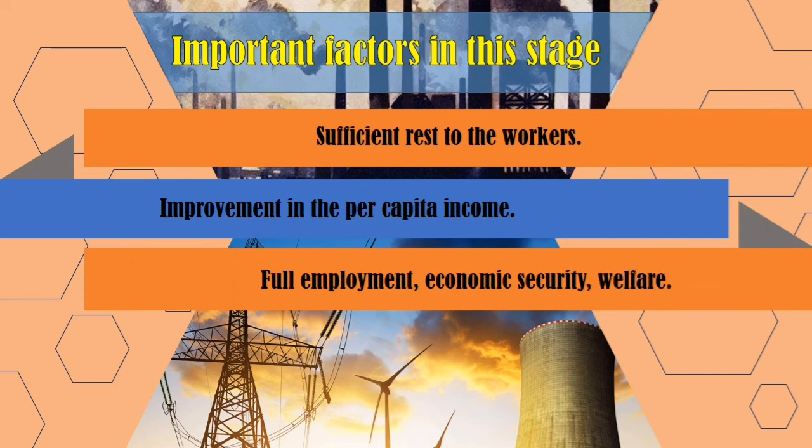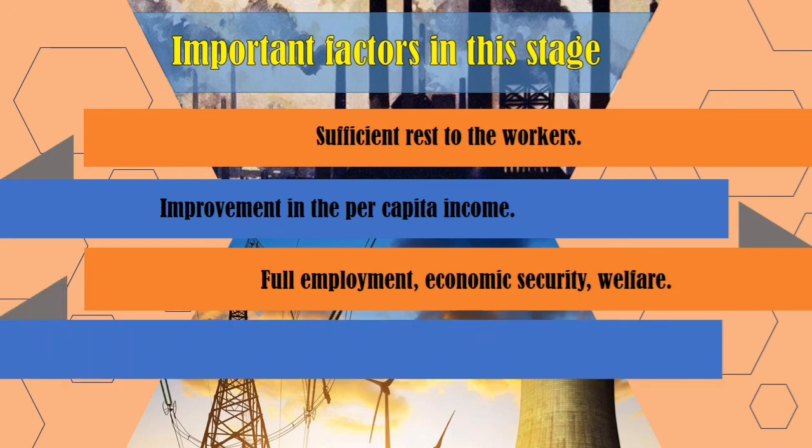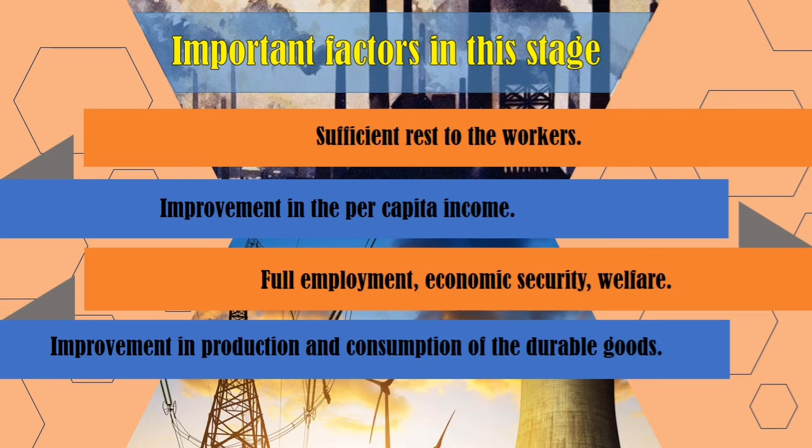And another thing is full employment, and economic security and welfare were available. So in short, there is no cyclical or deficit demand unemployment. There was also an improvement in the production and consumption of durable goods. When we say durable goods, these are goods which do not quickly wear out, or those that yield utility over time, such as computers, equipment, cars, jewelry, and many others.